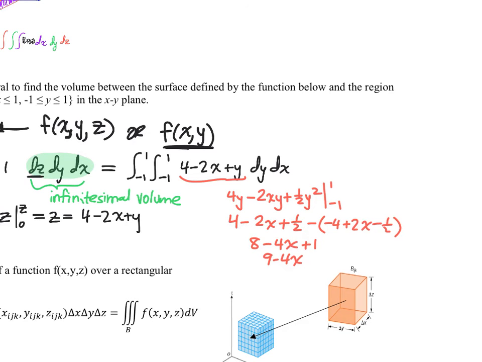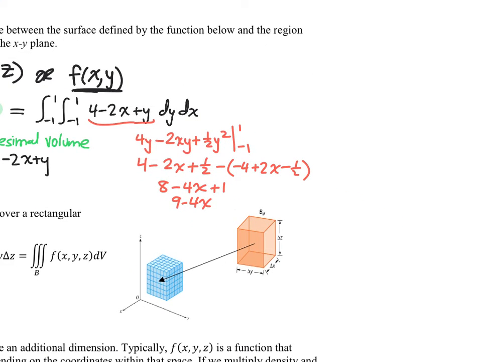And so then it just becomes an ordinary integral on the interval of -1 to 1, which you could pop in your calculator if you want. Nah, might as well.